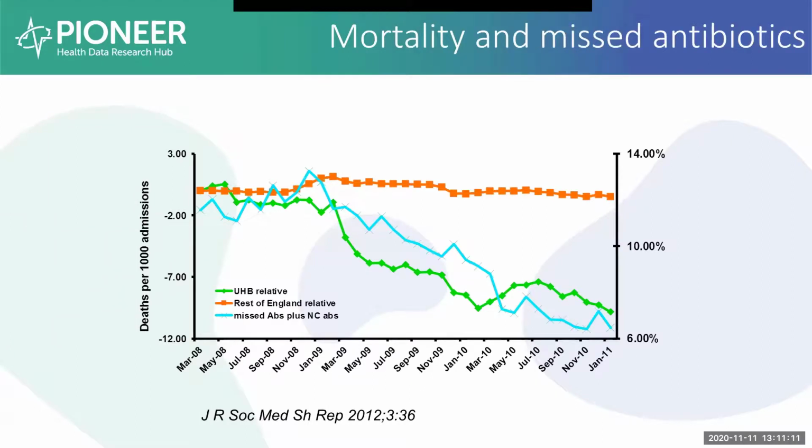By the way, there's an observation here that at the same time as this project was going on, the mortality in the hospital appeared to fall as well. Whether these are really related things or not is unknown, but it's interesting that a real focus on antibiotic missed doses did appear to also reduce the mortality in the hospital at the same time.